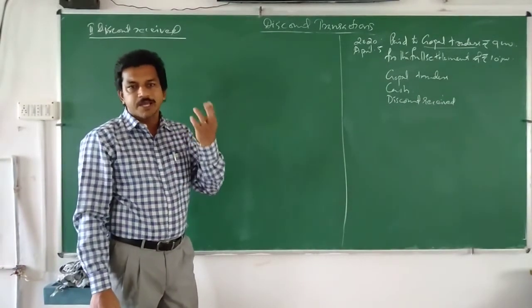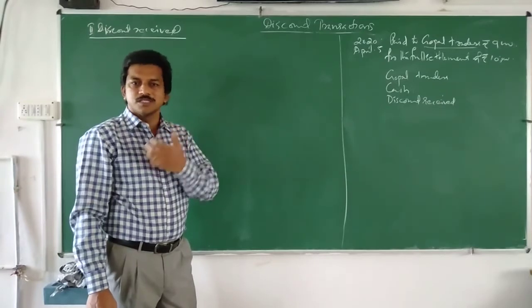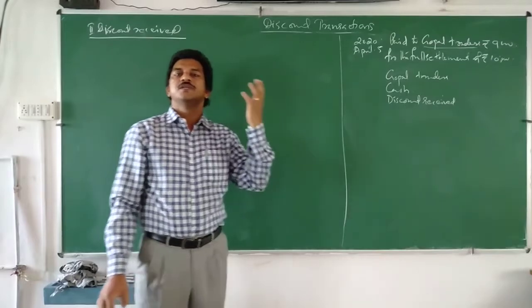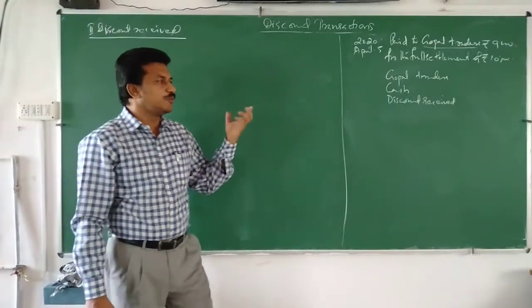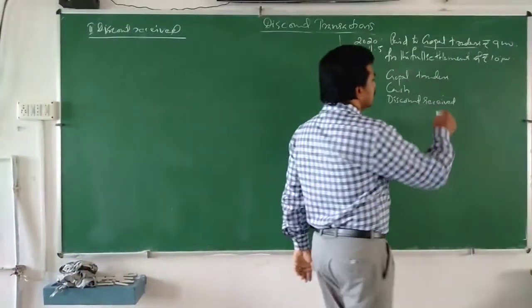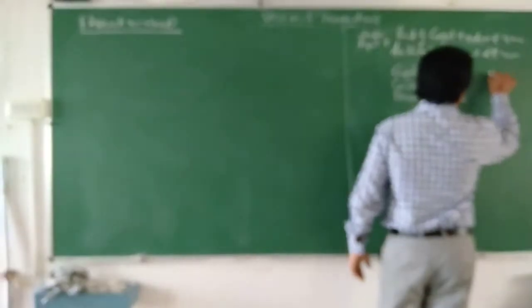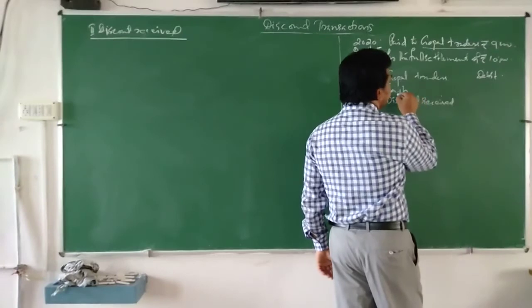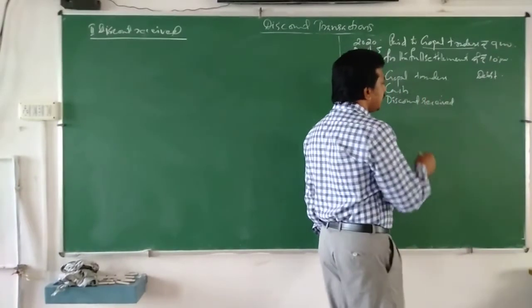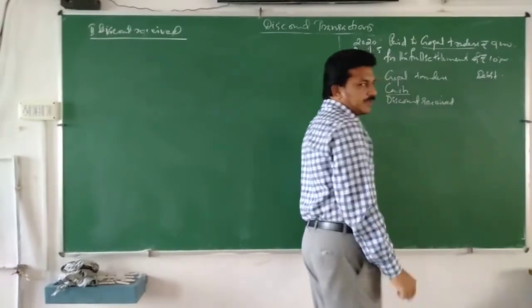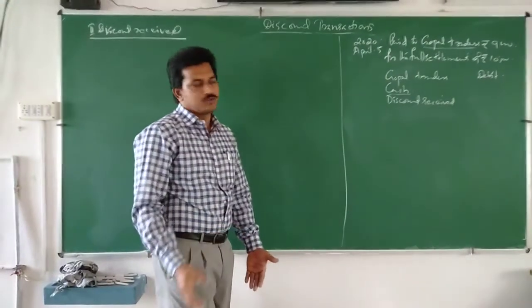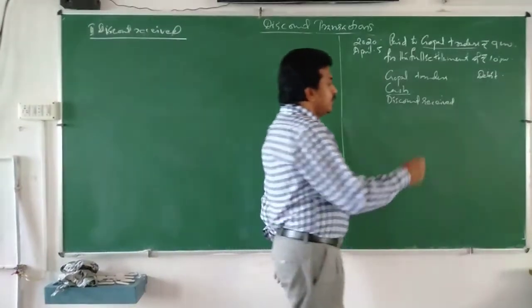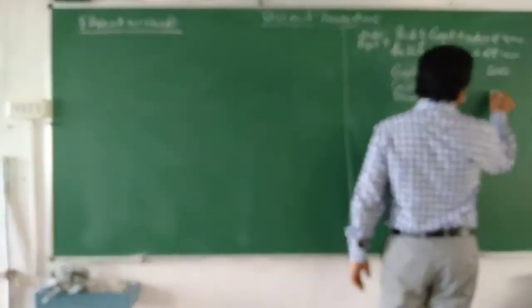Gopal Traders is the receiver. Receiver can be debited. And we pay the cash, so cash goes out. Real account rule: debit what comes in, credit what goes out. So cash can be credited.